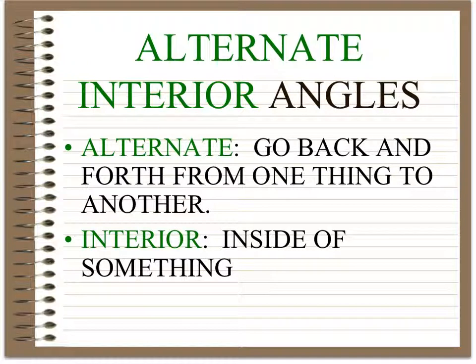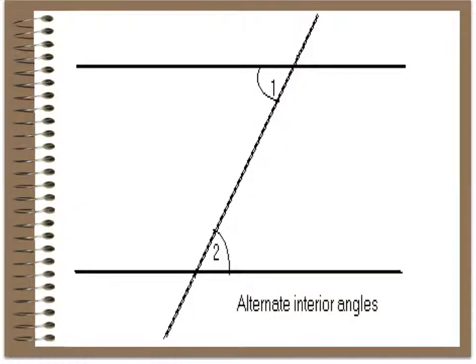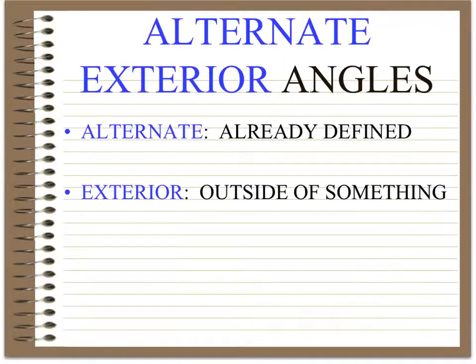So alternate interior. Alternating means we go back and forth from something. Interior means we're going from the inside of something. So we're always inside of, in this case, the parallel lines. So what we look at is when we get the diagram, these are what look like and what are called alternate interiors. We are alternating from this angle to this angle. We're alternating across the transversal, and we're inside the parallel lines as we look at it.